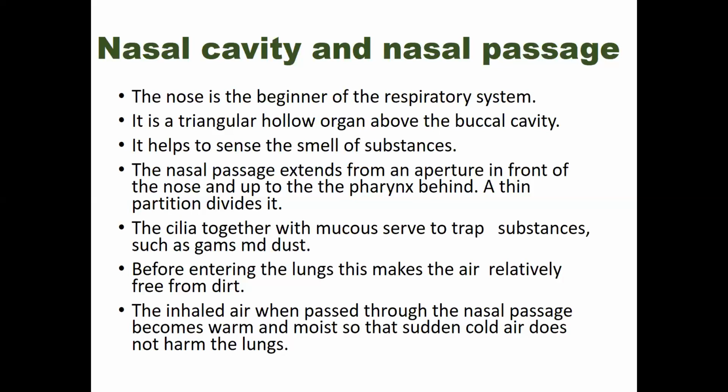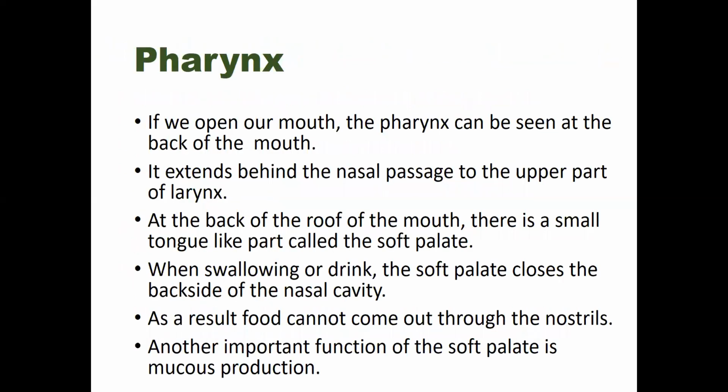Now the pharynx, also known as the nasopharynx. If we open our mouth, the pharynx can be seen at the back of the mouth. The portion behind the open mouth is called the pharynx, and it extends behind the nasal passage to the upper part of the larynx.